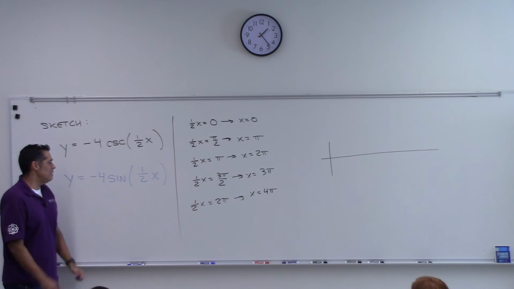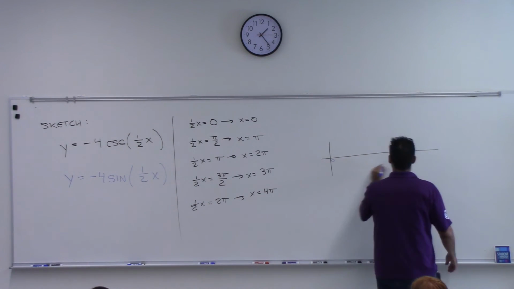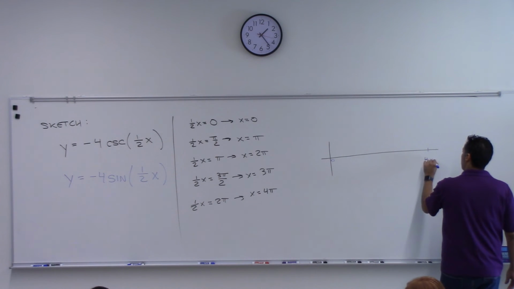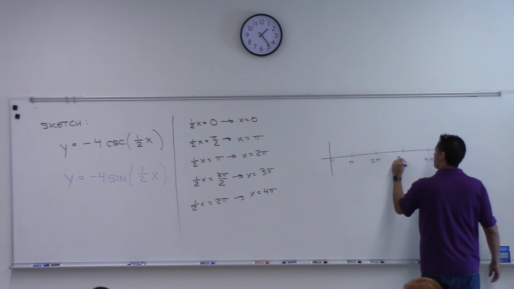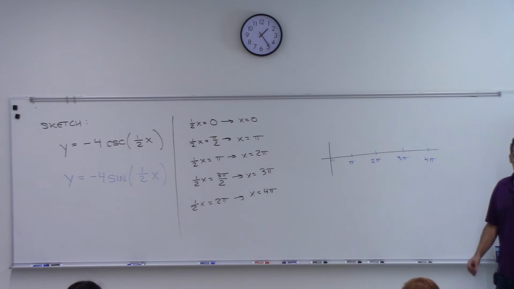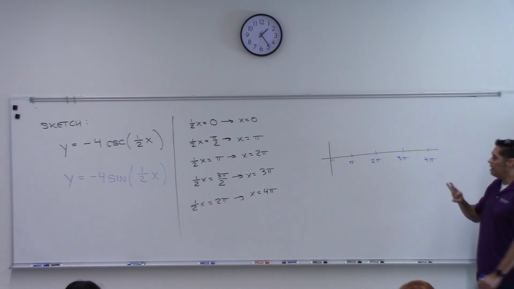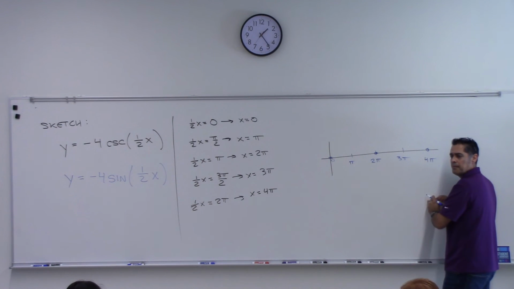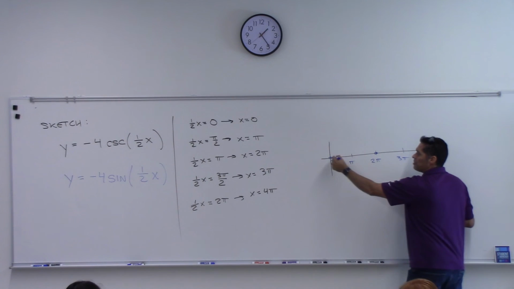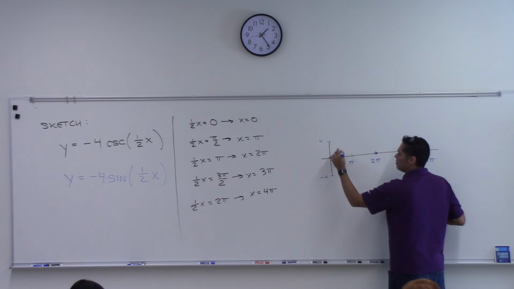So let me try and see what I'm going to do here. I've got these important points. Let me plot them. I've got 0 here. This is 4 pi. This is 2 pi. This is pi. This is 3 pi. Now I know, because this is a sine function, that I have three important x-intercepts, right? They happen here, here, and here, right? And then the graph is going to go, normally it would go up to 4, down to -4 because of the amplitude.